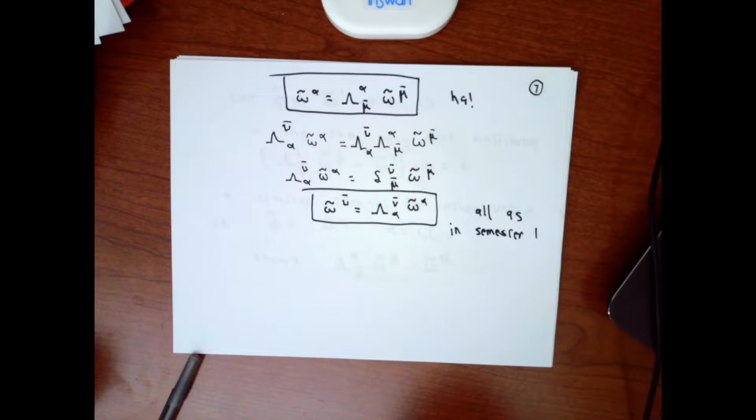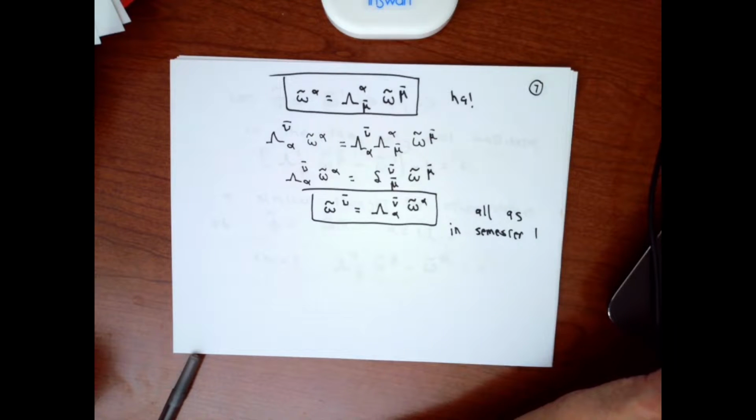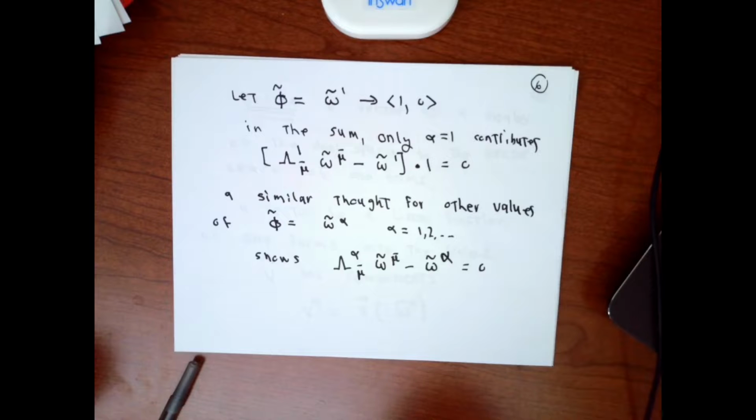The basis one forms transform in the same way as they did in flat space. The components of a one form transform as they did in flat space. For details, of course, you could let, for instance, phi tilde, the one form phi, just be the first of your basis one forms.